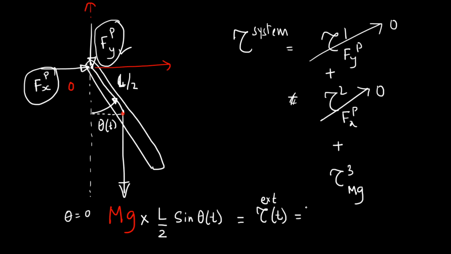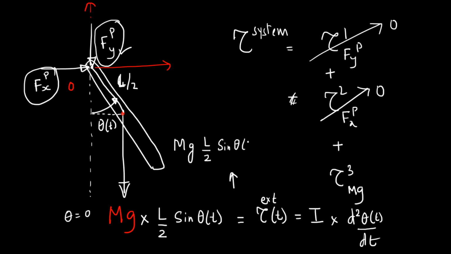This is equal to the external torque at that instant of time. According to the law, this is equal to I, which we happen to know, into d square theta by dt square, and we are done. Now it is a matter of substitution. mg L by 2 sine theta at that instant of time is equal to I, which is m L square by 3, into d square theta by dt square.